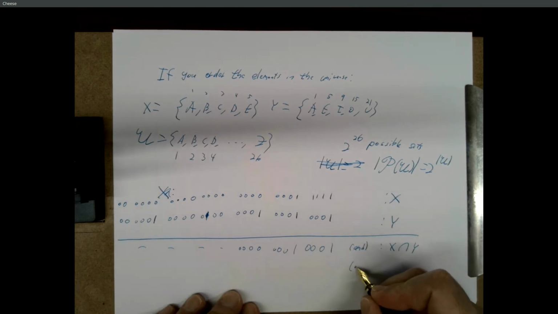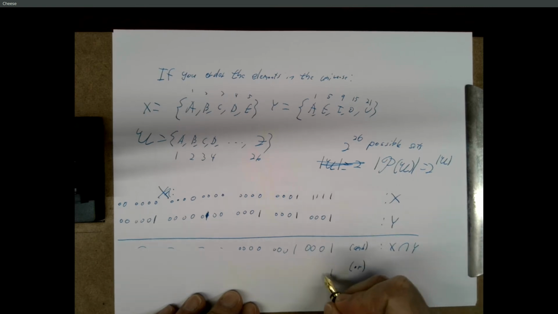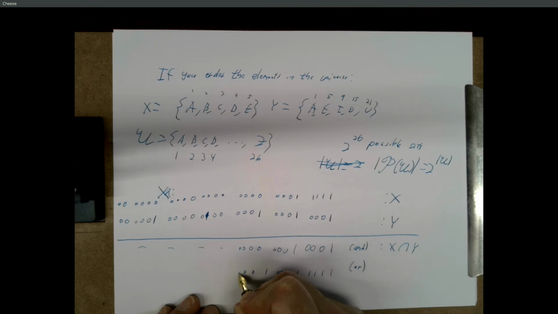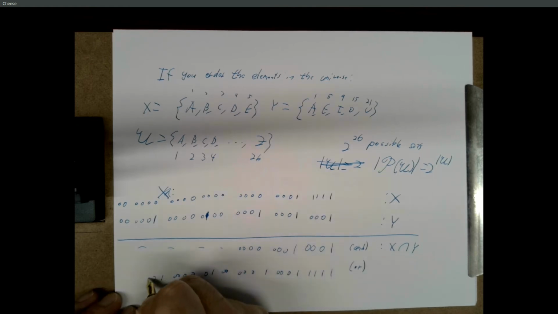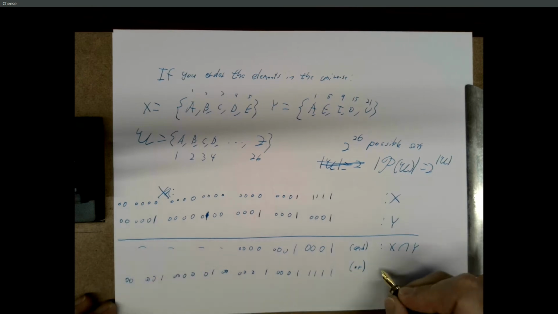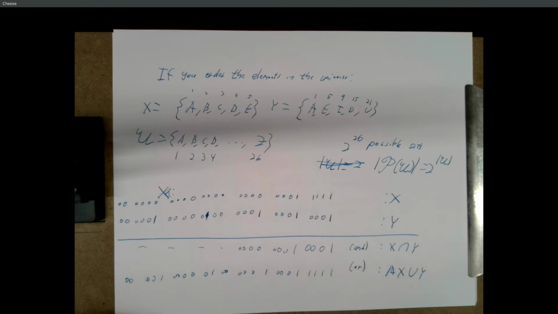And of course, what happens if I OR them? I get a 1 anywhere that there's a 1 in either. And that's going to be the same bit string that you would get if you looked at X union Y.